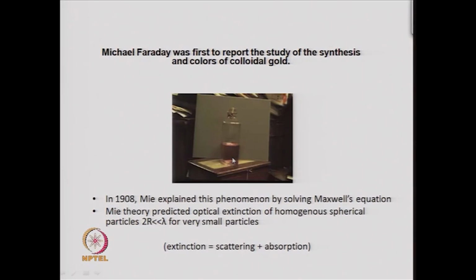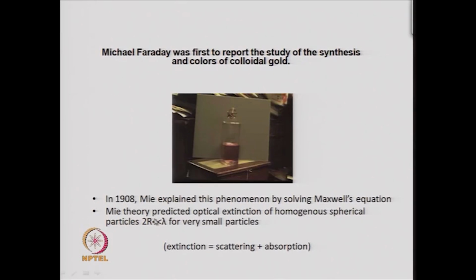And long back in 1908, Mie tried to explain the phenomena of the color of these metallic colloids, and that he did by solving Maxwell's equations, and he predicted that for homogeneous metal particles you will have optical extinction only when the size of the particle, here it is written 2r, that means twice the radius, the diameter of the particle, is much smaller than the wavelength of the light which you are using to see the particles.